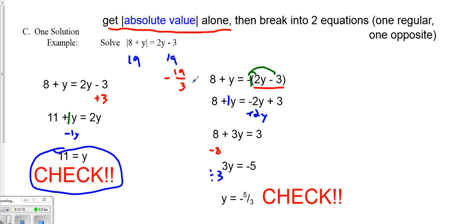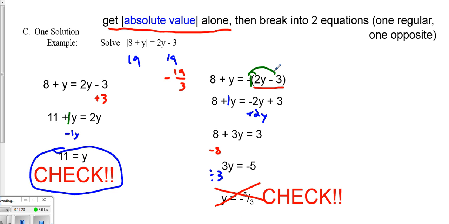And this side is now a negative. It doesn't make sense to have an absolute value equal a negative. So without even plugging it in here and solving out the absolute value, you could, but it wouldn't equal out to a negative 19 thirds in the end. So we'd know that this one does not work.